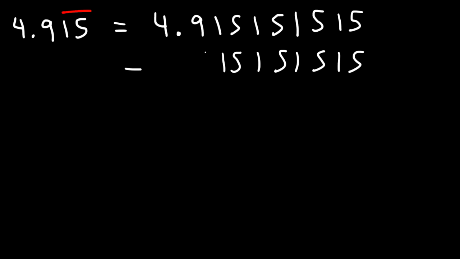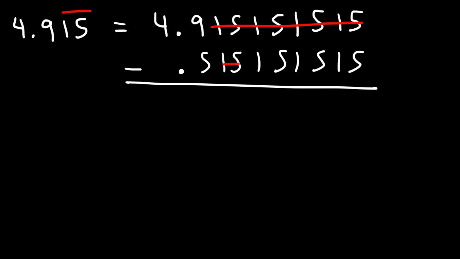Now after a 1 comes a 5. So technically, I need to subtract it by 0.51 and not 0.15. So I want the 1's and 5's here to cancel. And so what I'm doing now is subtracting 4.9 by 0.5, which will give me 4.4.